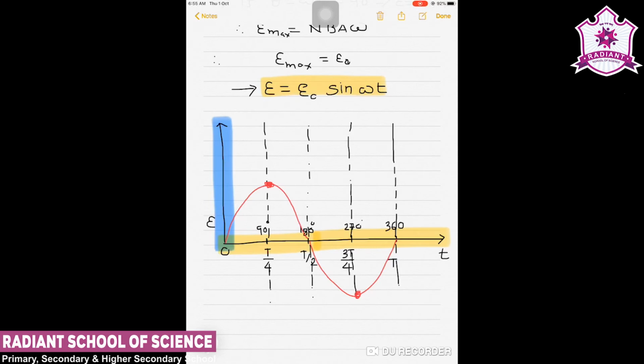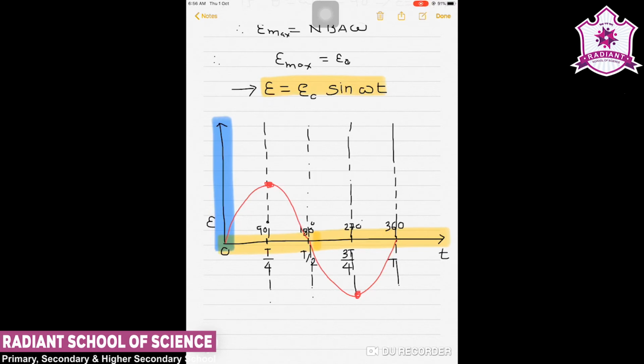So this shows that the induced EMF follows the sinusoidal function, and as the change of flux is greatest at these two points, that is at 270 degree and at 90 degree, it will achieve the maximum point, and at 180 degree and at 360 degree it will be 0. But ultimately that becomes E0, that is maximum, and minus E0 is the maximum in the opposite direction.